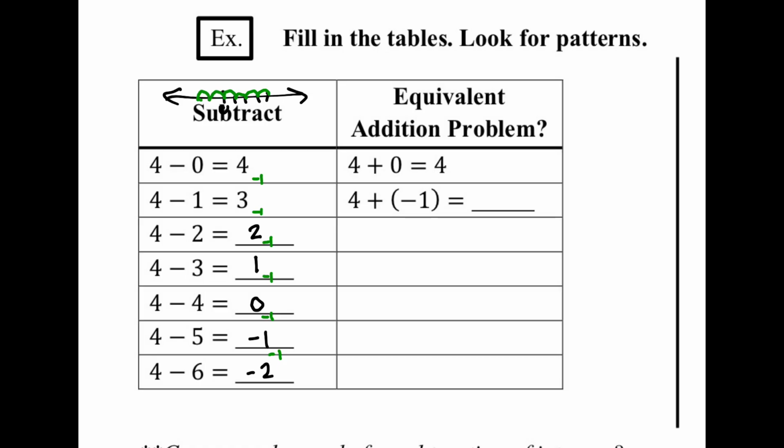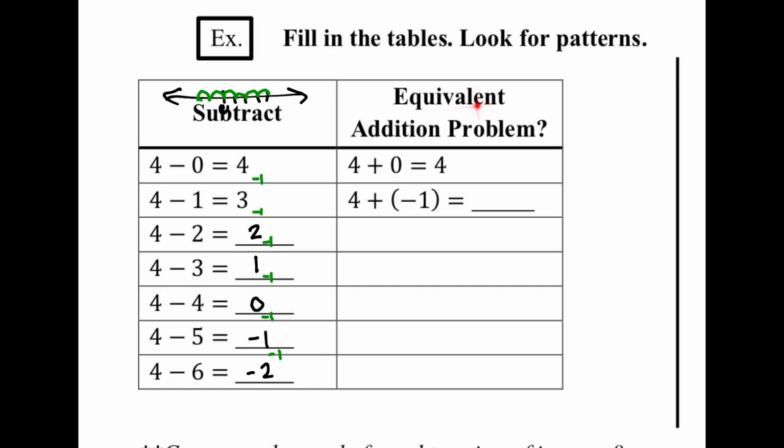We were just going down the number line every time. Now let's look at this bottom one. 4 minus 6 is negative 2. So we started with a positive number and we subtracted a positive number and we got a negative number because 6 is bigger than 4. We had to subtract more than we started with.